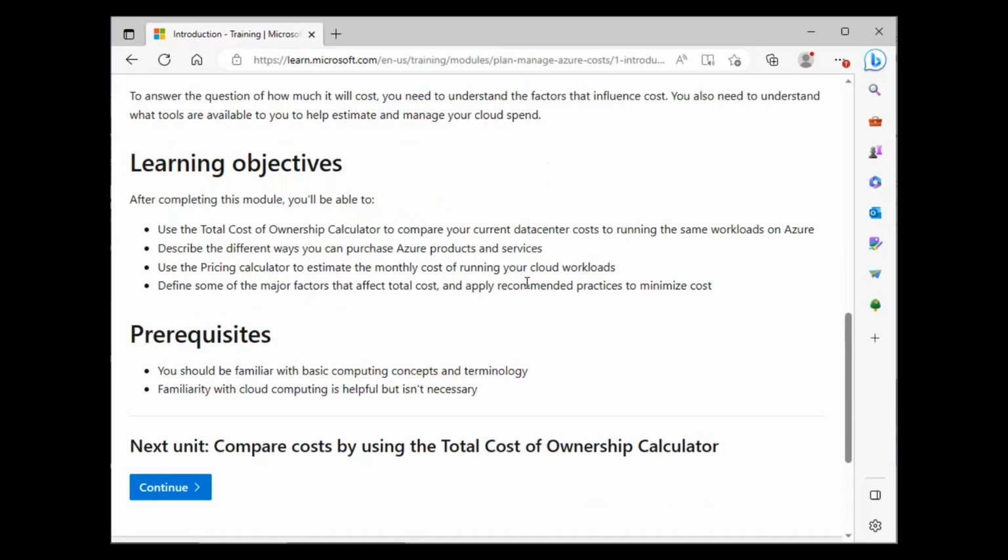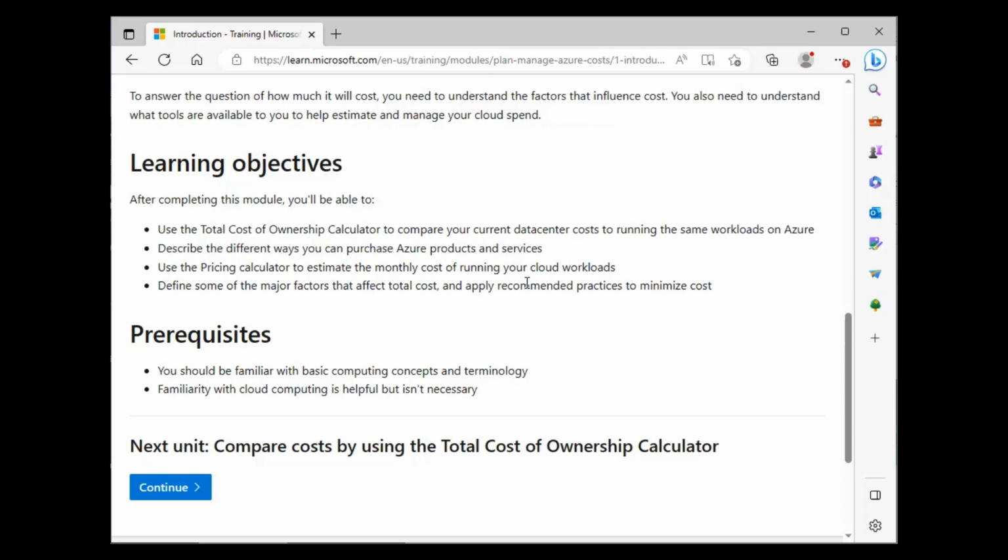Three, use the pricing calculator to estimate the monthly costs of running your cloud workloads. Four, define some of the major factors that affect total costs and apply recommended practices to minimize costs.